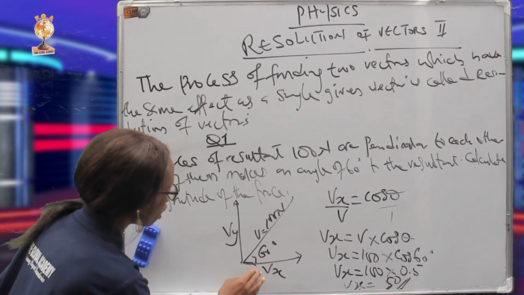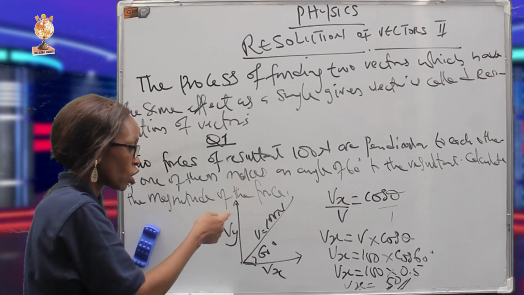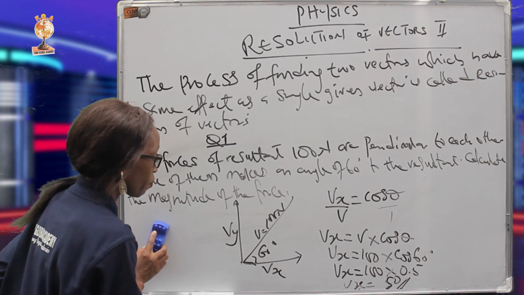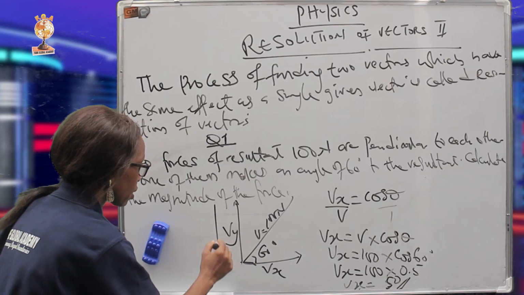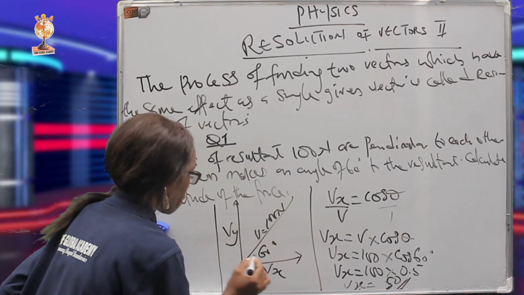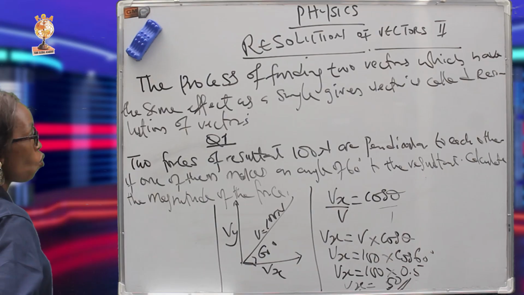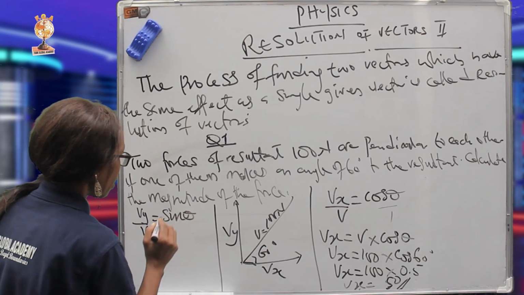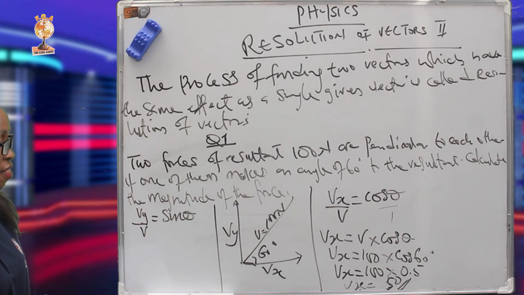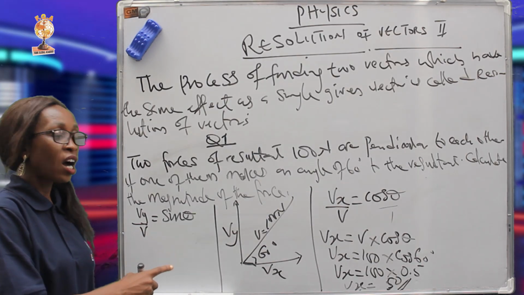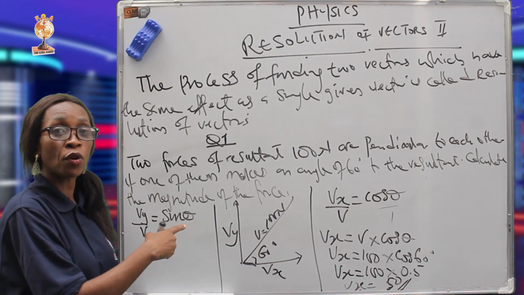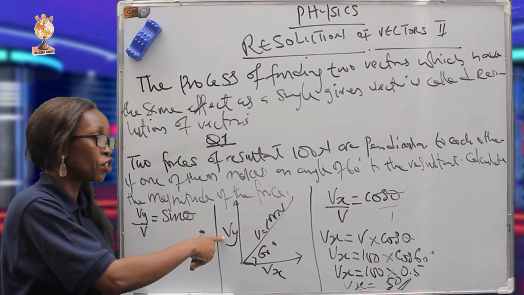Now, if here is 50, and I have my resultant as 100, what is my Vy? Let's do that very quickly. I think I should use this space. Vy over V is equal to sine theta. Yes, it's no longer cos theta. Remember I said that all the vertical components are sine theta, and all the horizontal components are cos theta. So in this case, I'm no longer dealing with cos theta but sine theta, because I'm looking for Vy.